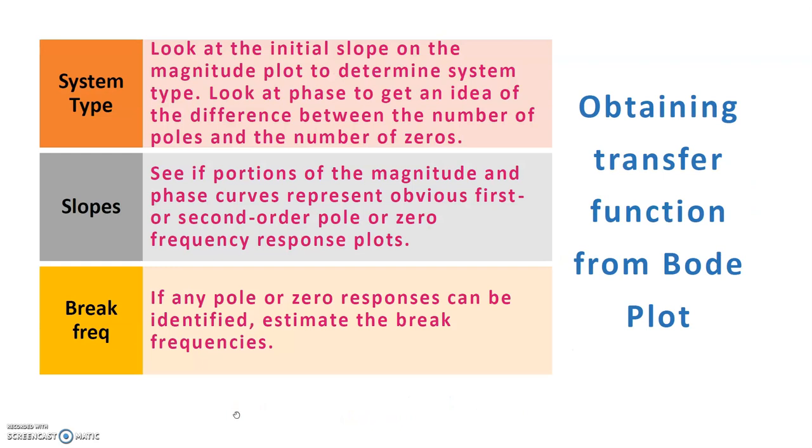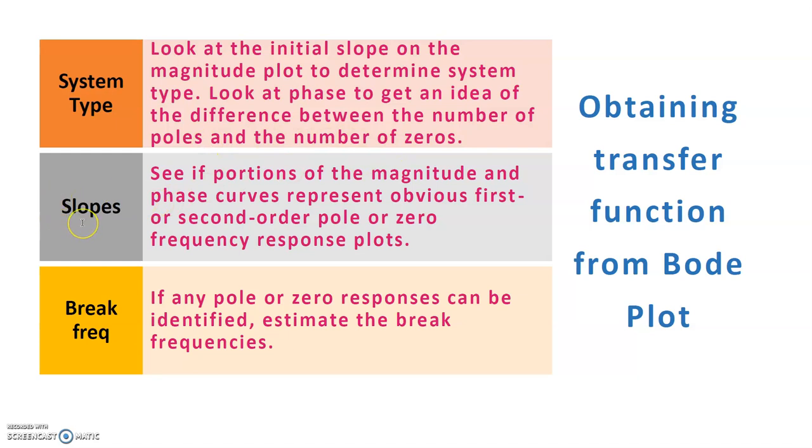Besides the question where you need to plot the frequency response Bode plot from the transfer function, the other way around is to obtain the transfer function from the Bode plot. The question will give you a Bode plot, and you need to determine the transfer function of the system based on 3 characteristics. The first is the system type, based on the initial slope, and then check the difference between the number of poles and number of zeros.